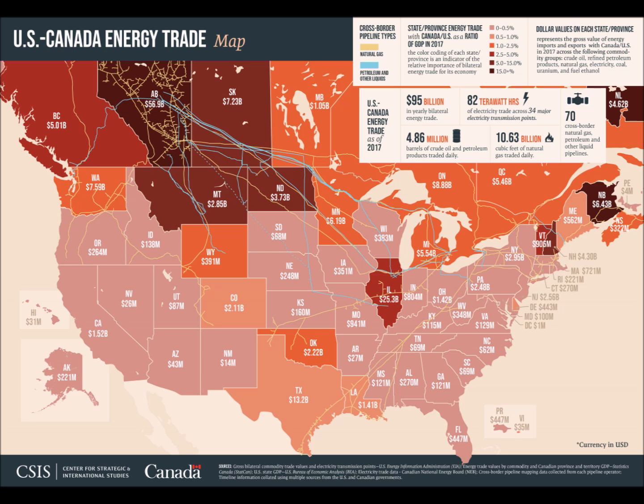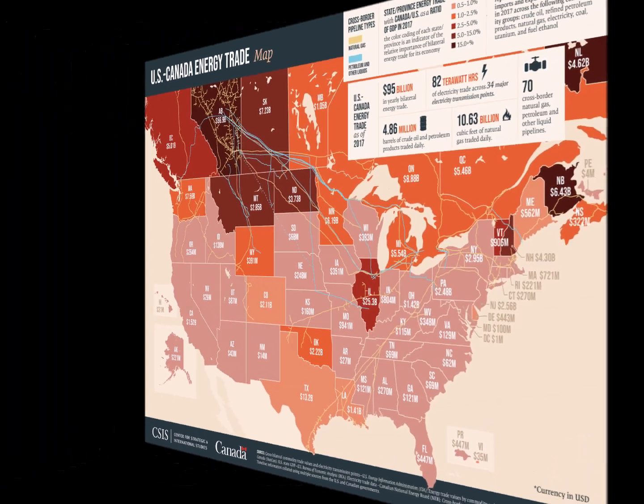The logos of CSIS Centre for Strategic International Studies and Canada are displayed, indicating the organizations responsible for the data, and a detailed footnote at the bottom provides information about the specific data sources used.